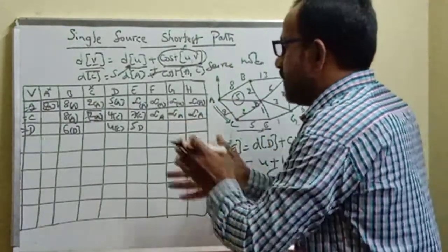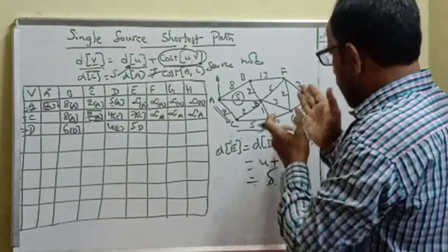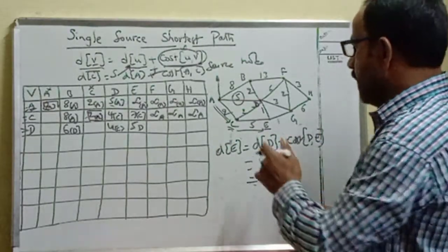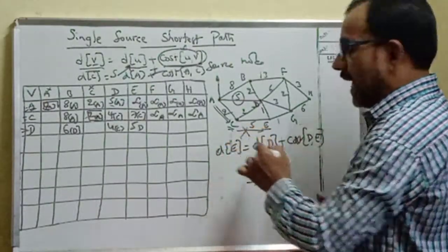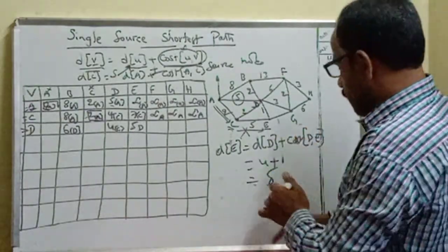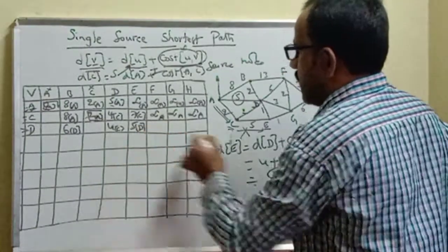After considering C only, we got the minimum shortest distance from C to D. Now we are considering D, which means we have already included C in that particular path. But instead of considering the direct edge, I am going via D to E. So that particular cost is 5 units. This 5 is obtained by considering D as the intermediate node.